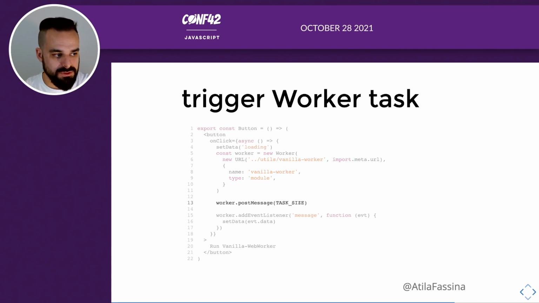Later on, we're going to send the parameter for our worker with a message to trigger the task. In this case, I'm just saying how big I want the task to be. It's just a parameter that my method takes.